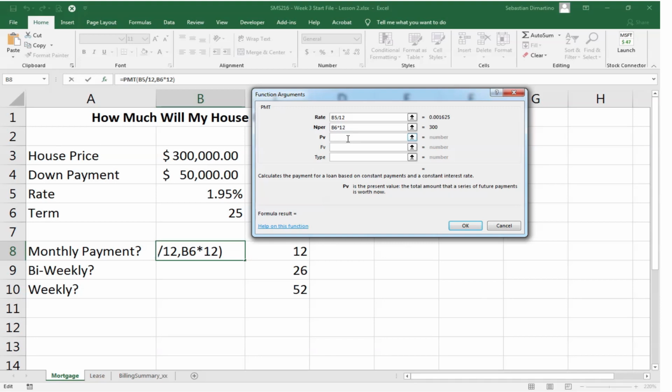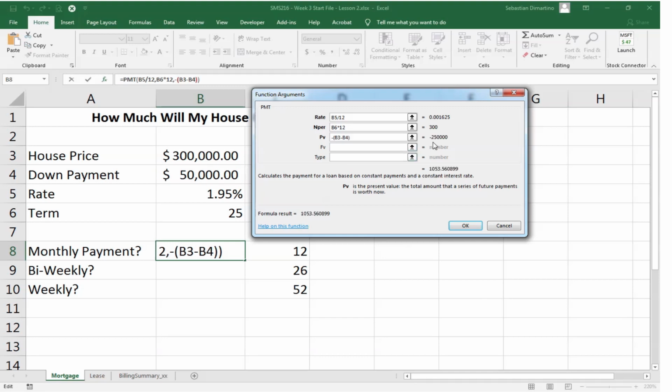And lastly, what we need to do is get the present value. Well, this is a little bit different than it was when you did the calculation for the car last time. In this case, we've got a down payment. So we need to make sure that the present value will be negative, open brackets, the amount of the home minus the down payment.